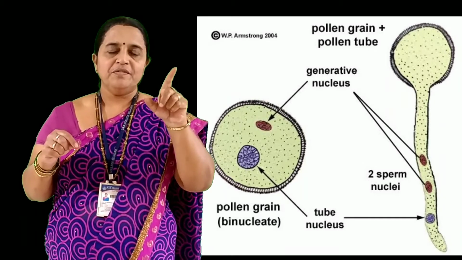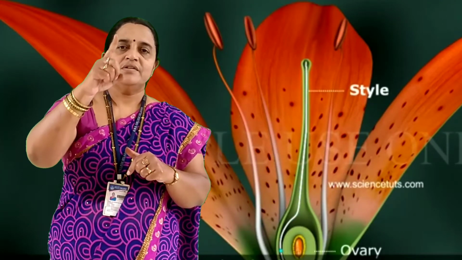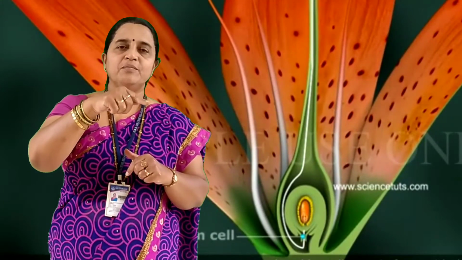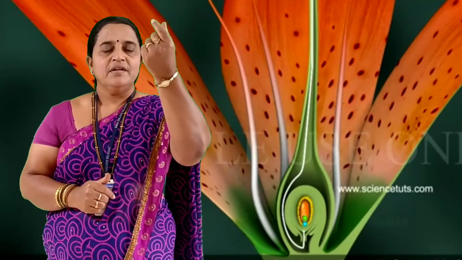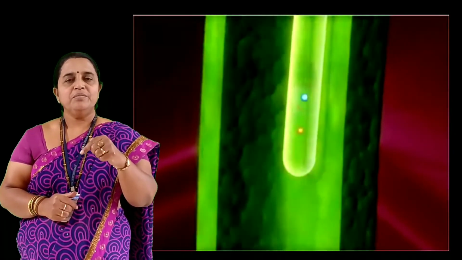As this pollen tube starts penetrating through the tissues of the stigma and enters the style, the generative cell along with its nucleus is shifted into this pollen tube. So, you can imagine now the pollen tube along with the generative cell entering the style. This pollen tube now reaches the ovary.